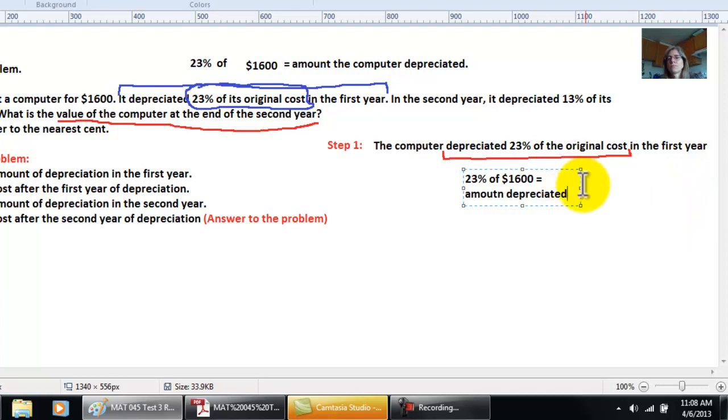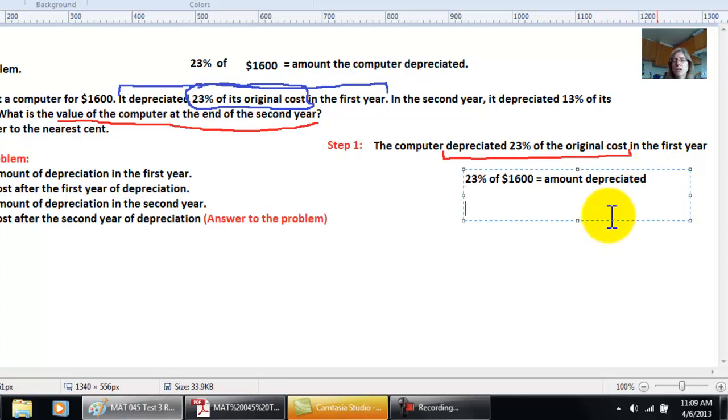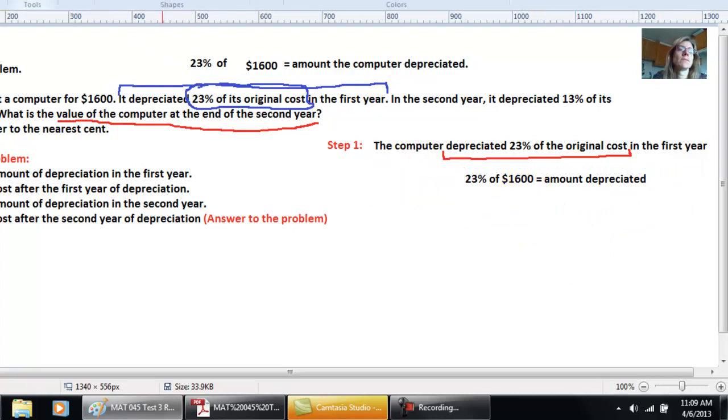Now we have to use math to solve for the amount depreciated. 23% cannot be multiplied; you have to change it to a decimal. On a percent sign, the decimal is after the 23.